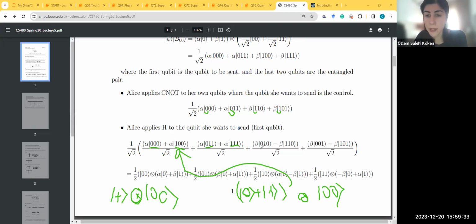So therefore we have 0, 1, 0 minus 1, 1, 0 because we have a minus sign here. And this becomes 0, 0, 1 minus 1, 0, 1. Any questions? Or is it fine?